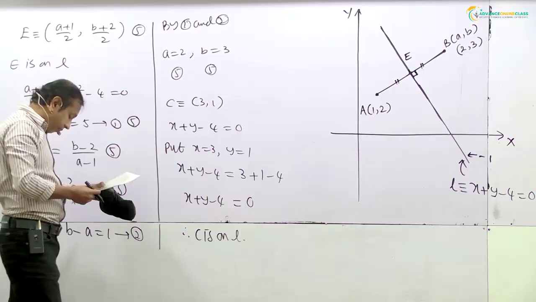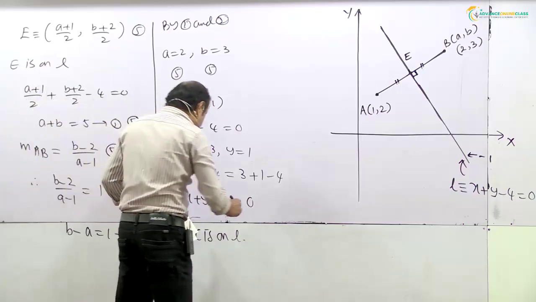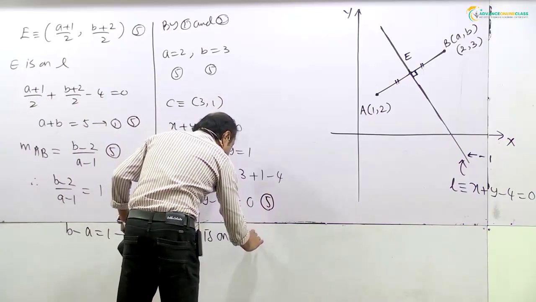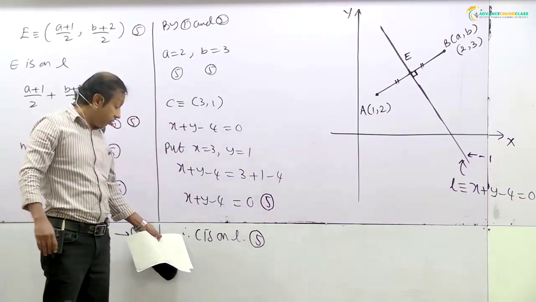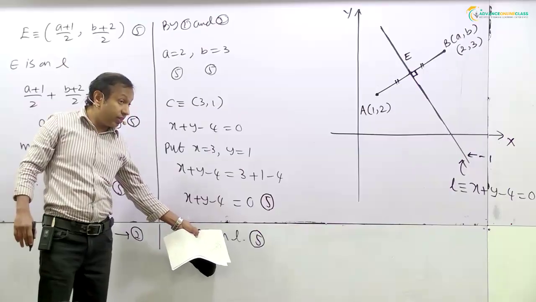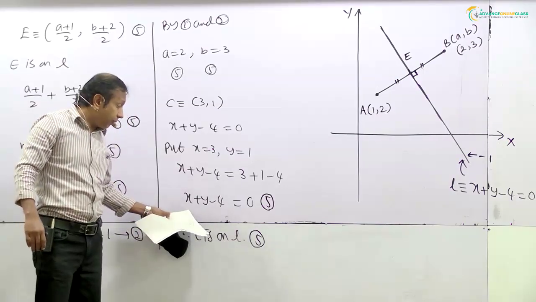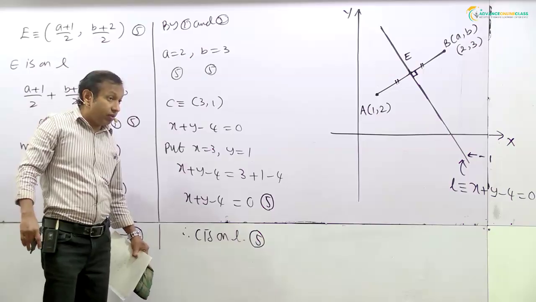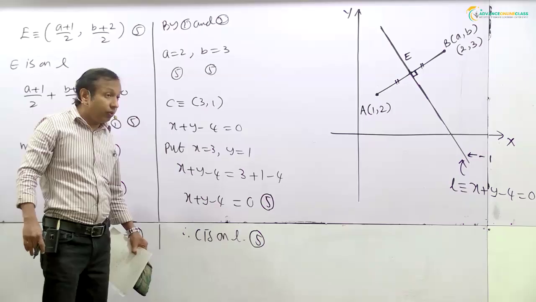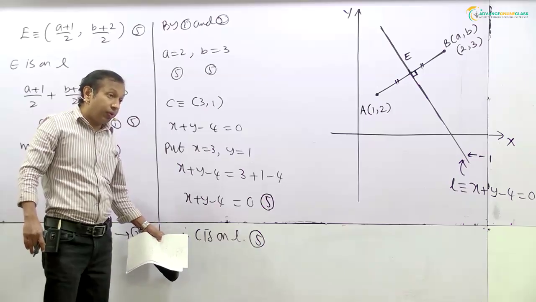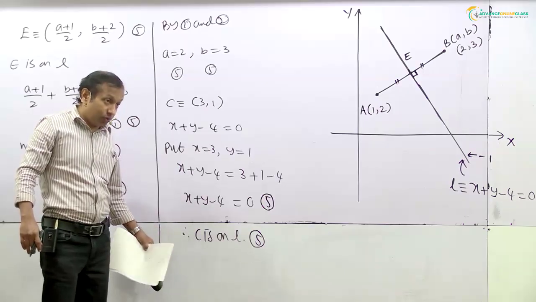Showing that this is 0 gets 5 marks. Writing this in words also gets 5 marks. Don't neglect that. Our students stop here, thinking the reader should know that if this is satisfied, C is on L. No, no, no. You must write it.